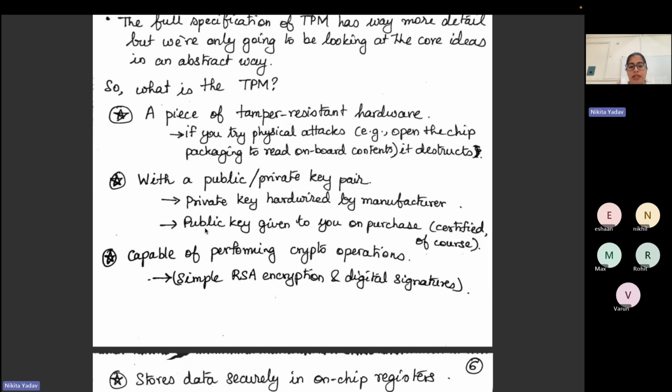And this is a certified public key which is provided by the manufacturer when the hardware is purchased.